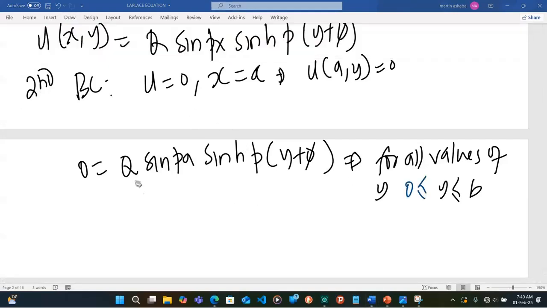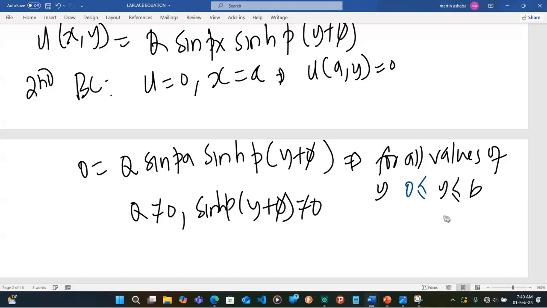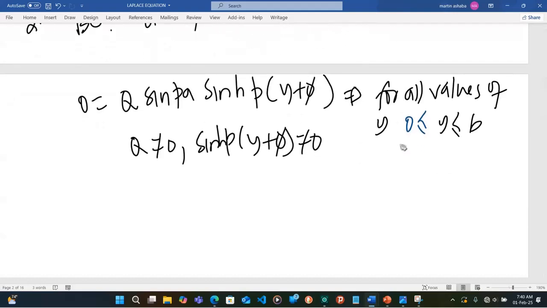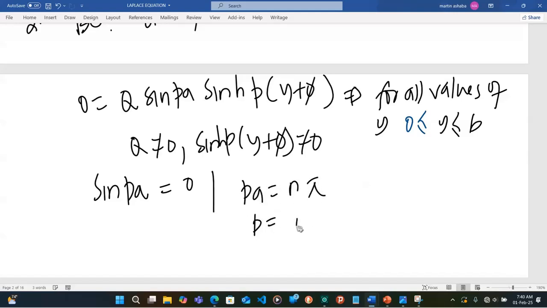Then Q, first of all, can't be 0. The hyperbolic function of p(y + phi) cannot also equal 0. So this leaves us with the only choice of saying sin pa can equal 0. So this is true if pa is equal to n pi, giving us the value of p as n pi out of a.